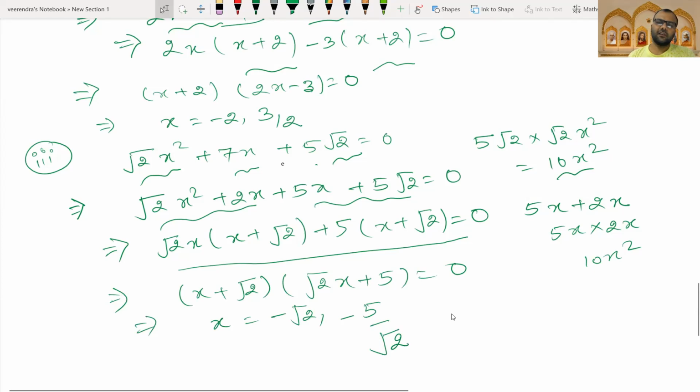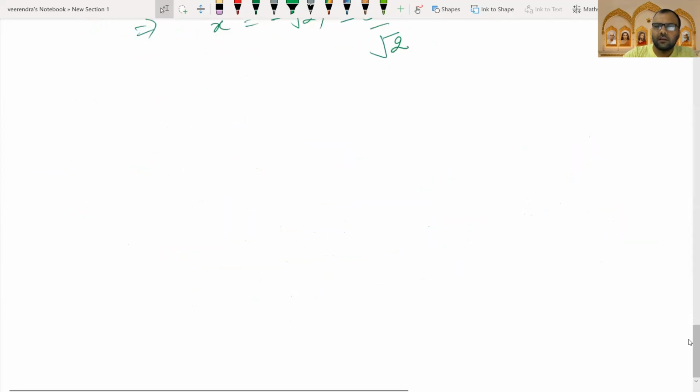So these are some problems based on factorization. Now we will learn some problems based on completing the square. How we can solve the quadratic equation by making a complete square.